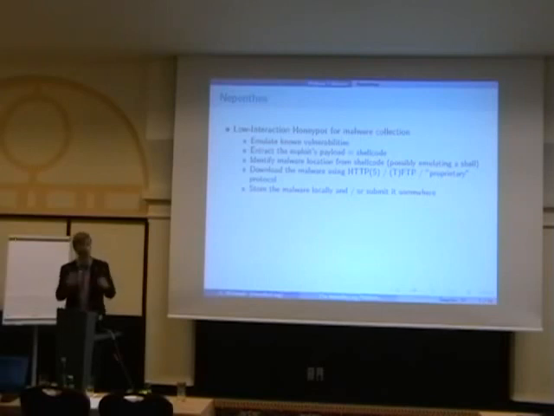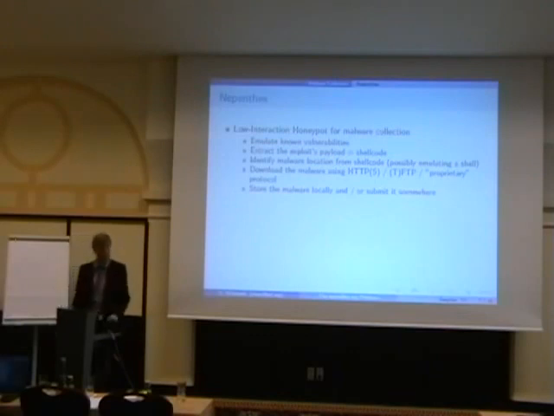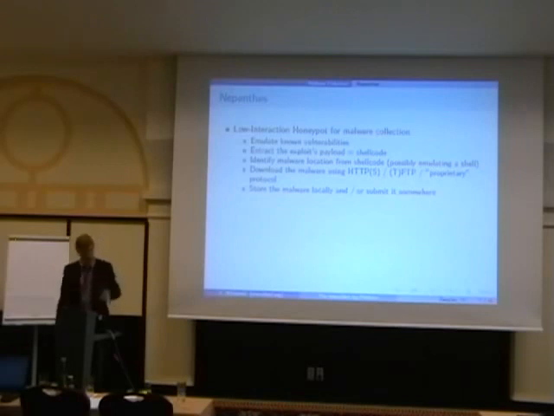Then we, of course, get an exploit from the malware with a payload, like shellcode. So we analyze the shellcode, and then just download the malware from the infecting host via HTTP, TFTP, whatever the malware uses to propagate. And then we just store it on the hard disk or submit it into the database or whatever.